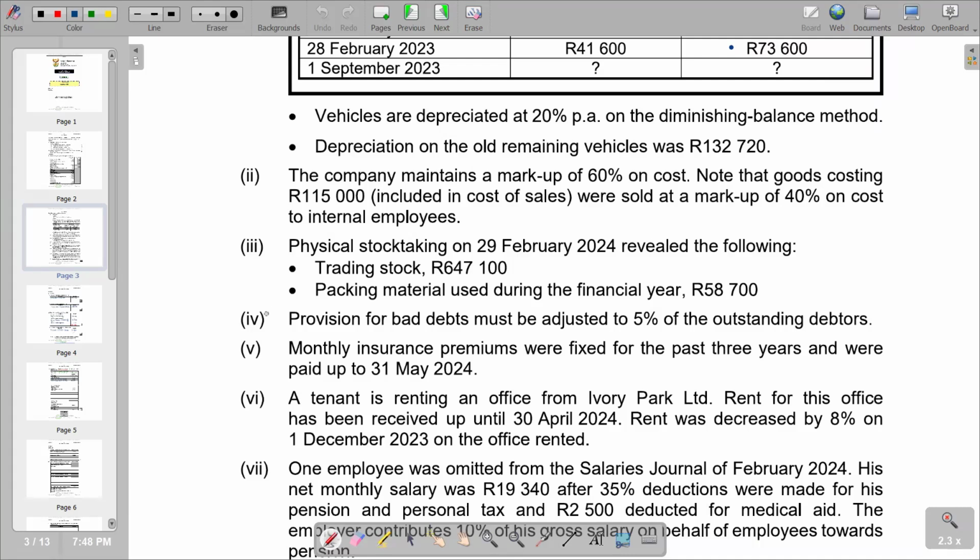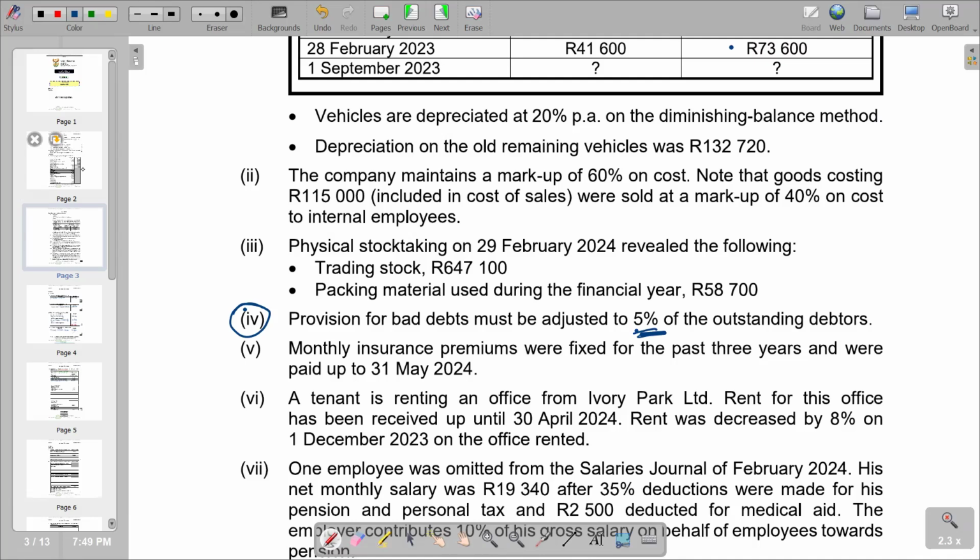If you come to additional information number 4, it reads: a provision for bad debts must be adjusted to 5% of the outstanding debtors. Take note, we check in the additional information. We do not have any further bad debts mentioned. Remember, if you've got any further bad debts mentioned in the additional information, we need to first subtract them from the figure for debtors' control to get the net figure, then we multiply it by 5%.